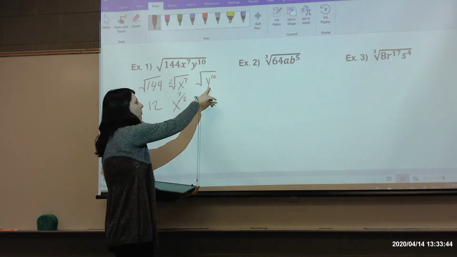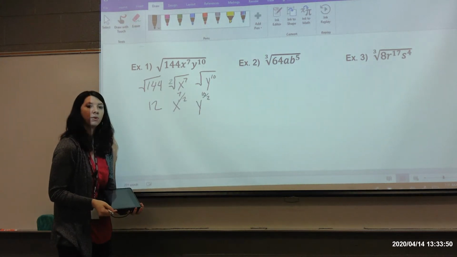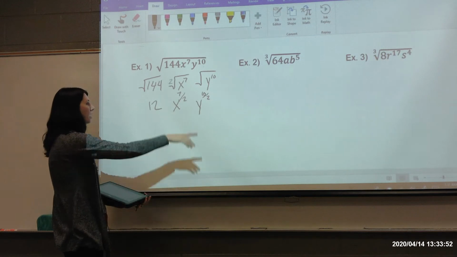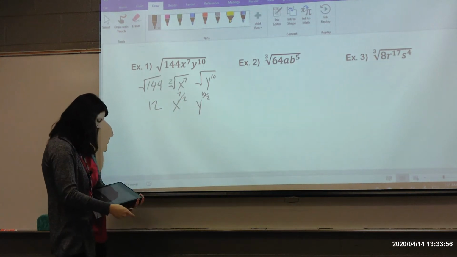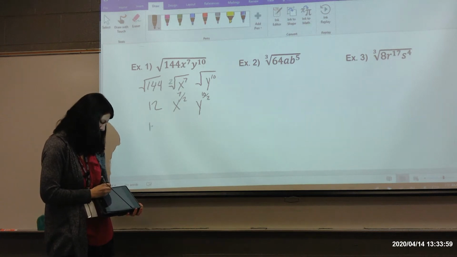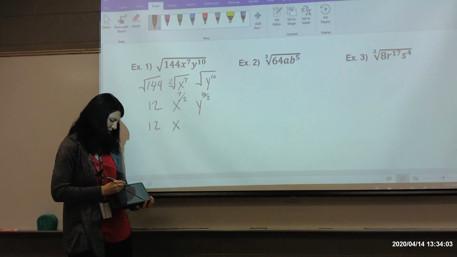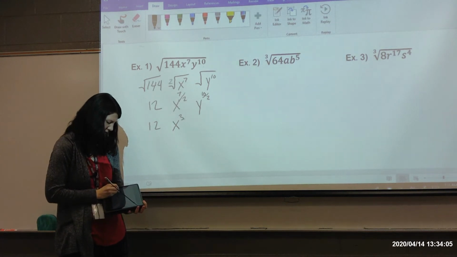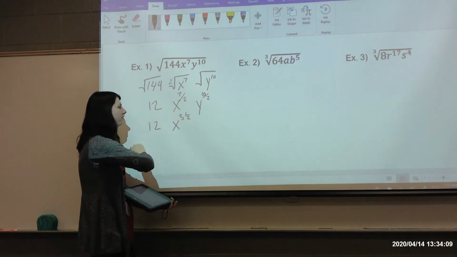Okay, the square root of y to the 10th would then be y to the 10 over 2. Now I want to go through and write my fractions as mixed numbers. So 12 is complete. I'm just going to bring that down. X can be written as, so 2 goes into 7 3 times, which would give you 6, with 1 left over. So that's 3 1/2.